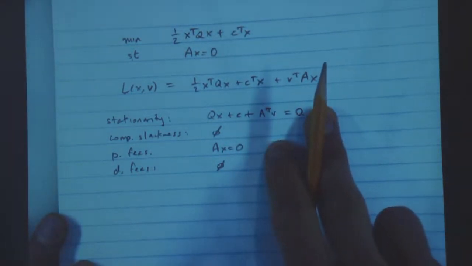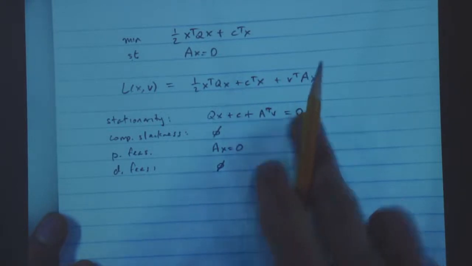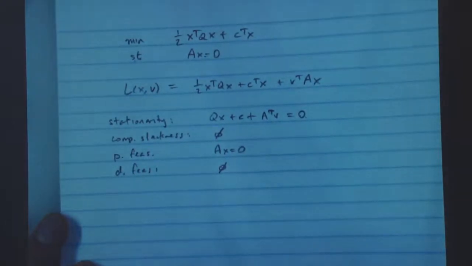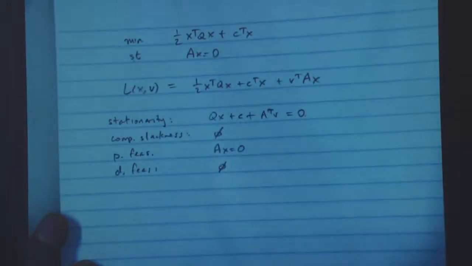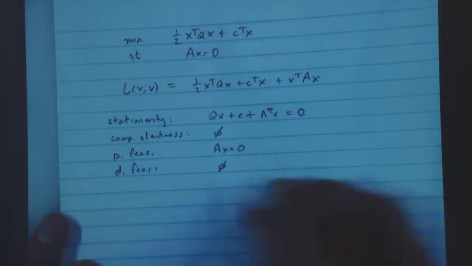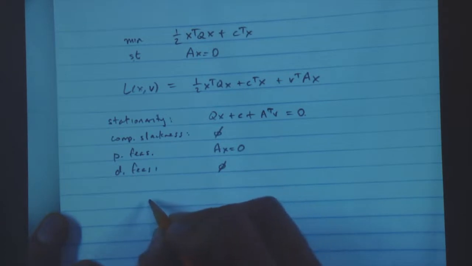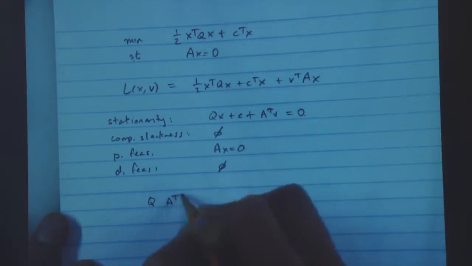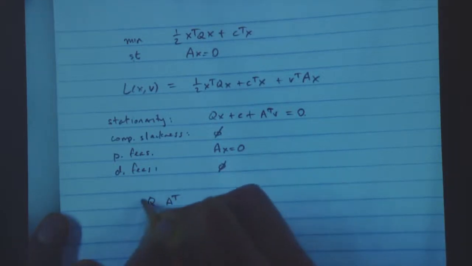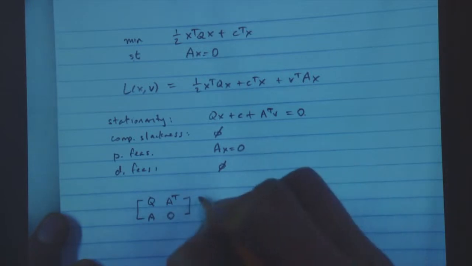If we can find an x and a v that satisfy these two conditions, then we have minimized this problem. So let's put them together. We can actually write them in a more succinct form by writing them as follows.